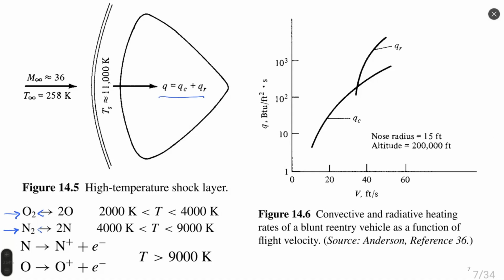The same reactions, but for significantly higher temperature, we can see for ionization, when an atom of nitrogen turns into an ion of nitrogen with the release of an electron, and the same happens with oxygen. It turns to an ion of oxygen with release of an electron.